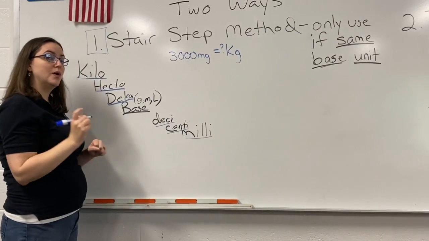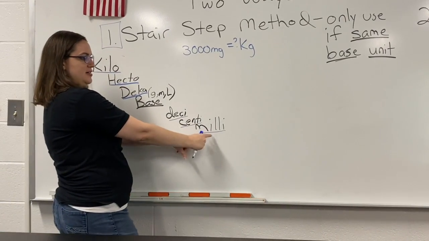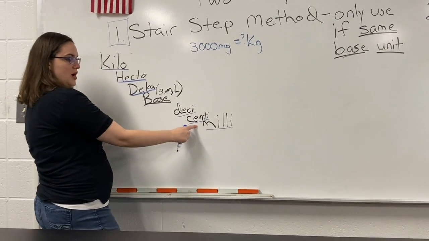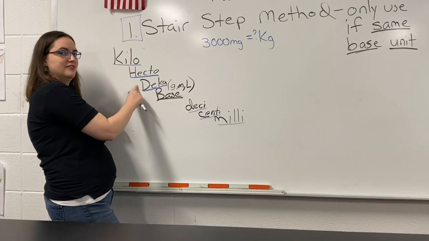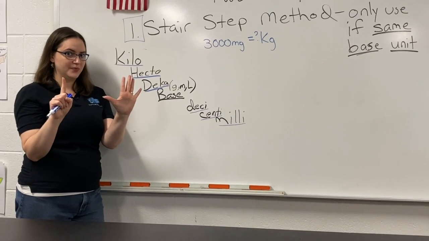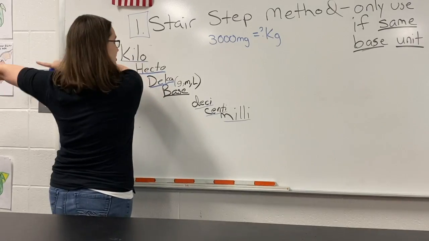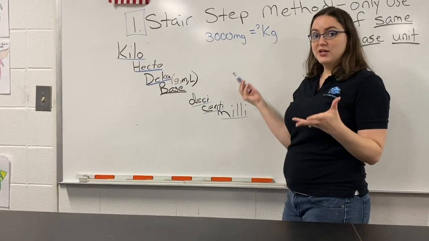We're going to start here with our milli, and we're going to count our steps: 1, 2, 3, 4, 5, 6. So we're going to go 6 steps, and we're going to move our decimal place in that direction. Where is our decimal place?